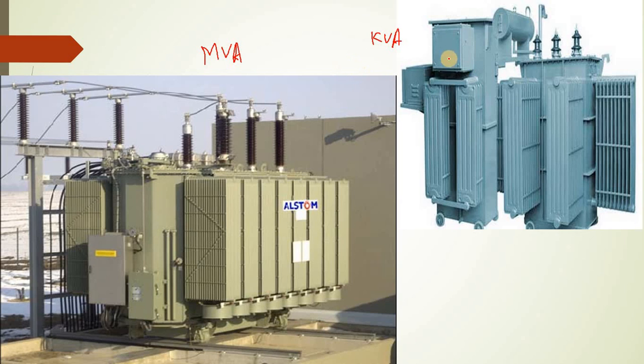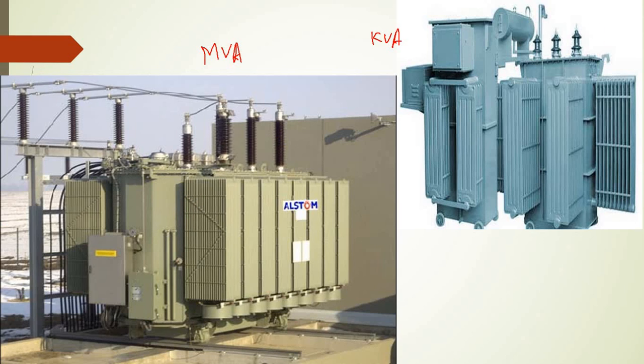The KVA rating transformer is this one. You can see one more part here, the radiator tank. Here the fans are located and they flow high pressure air through the cooling fins, and the oil inside is circulated and its temperature gets reduced.